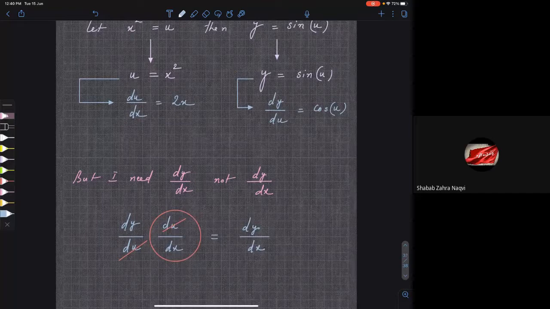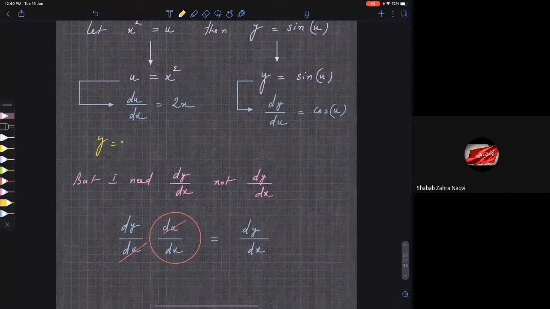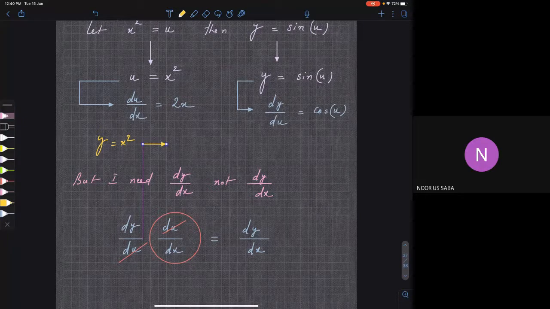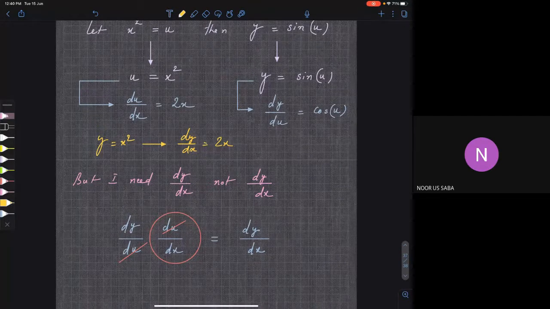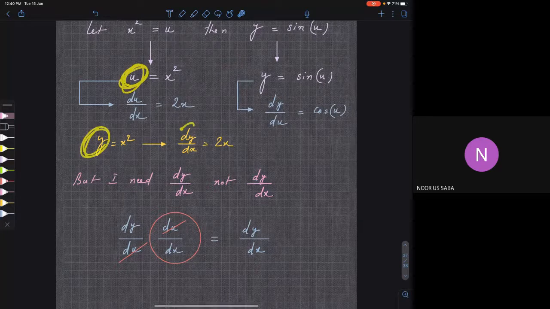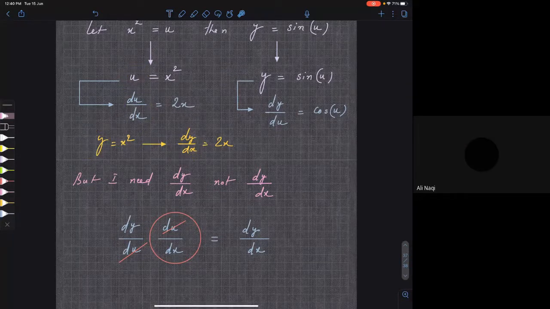For example, if y is equal to x square, then dy by dx equals 2x. Do you agree? Instead of y, what do you have? u. So instead of dy by dx, you'll get du by dx. Clear?